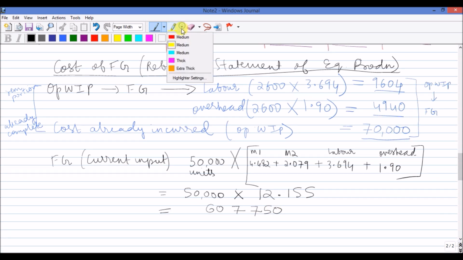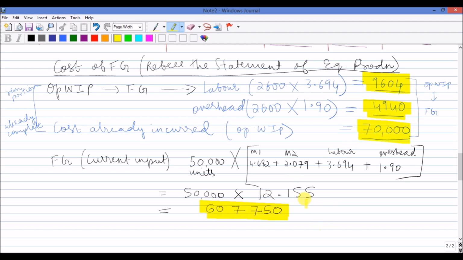Now I'm highlighting something. Highlighting this, this part, this part, this part and this part I'm going to add. So I'm going to add this, and this is going to give me the cost of the finished goods.